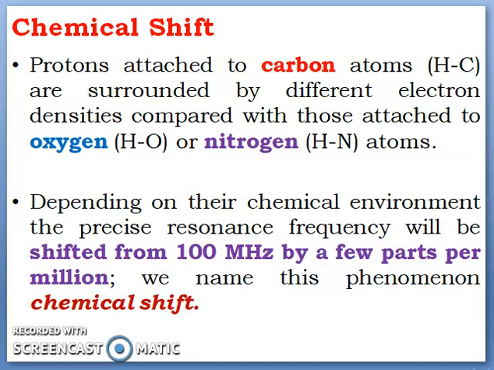Hence, depending on their chemical environment, the precise resonance frequency of the spinning proton will be shifted from 100 megahertz by a few parts per million. This shift, we named as chemical shift, which we have discussed in our previous module.